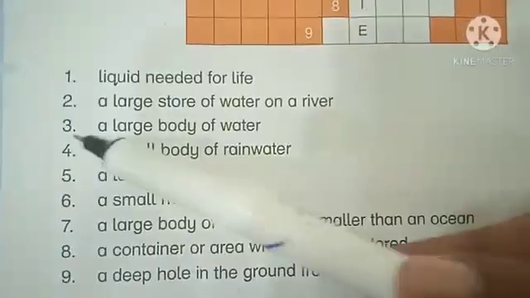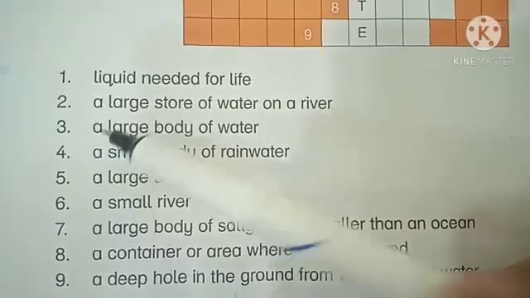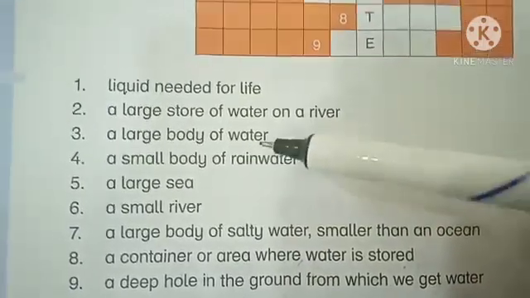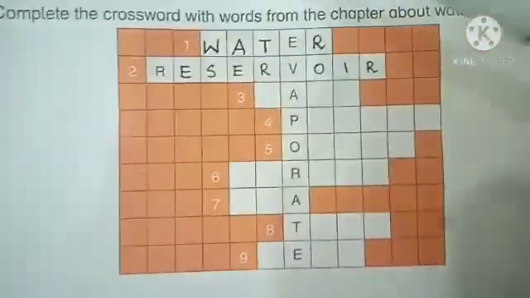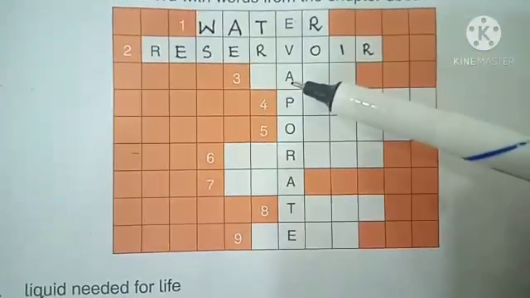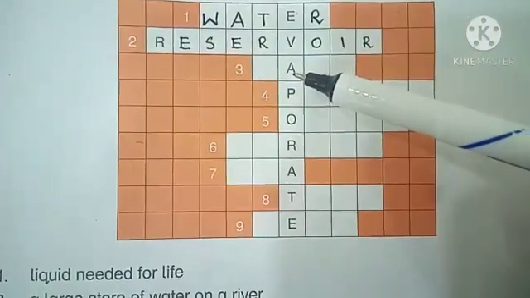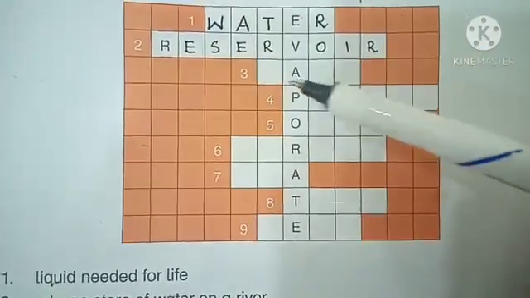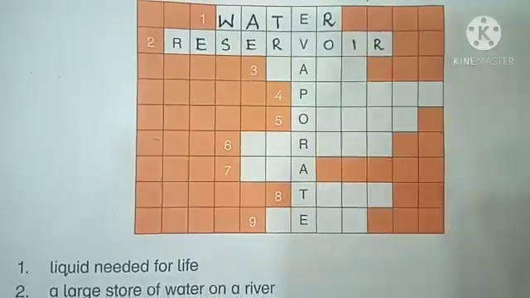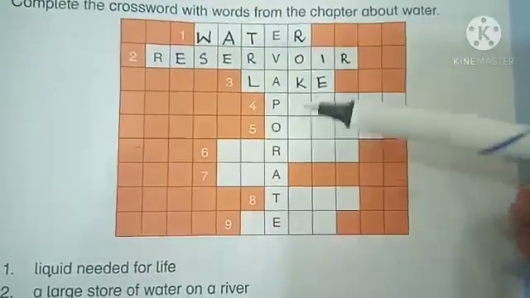Reservoir. Third one is a large body of water. What is the large body of water which has A in the second box? It is lake, L-A-K-E. So we will write here lake.